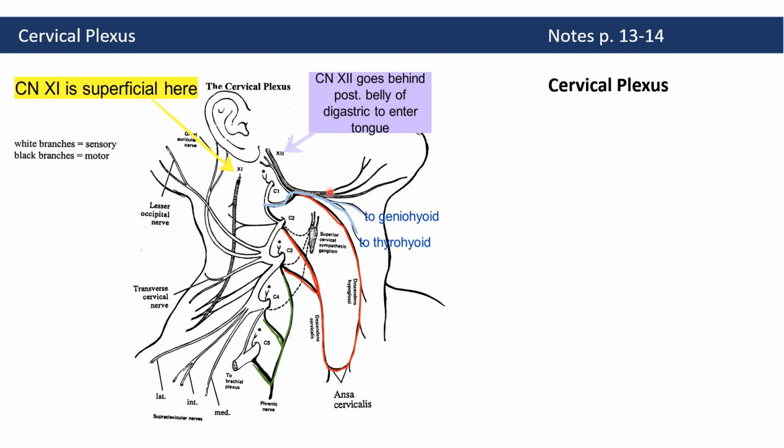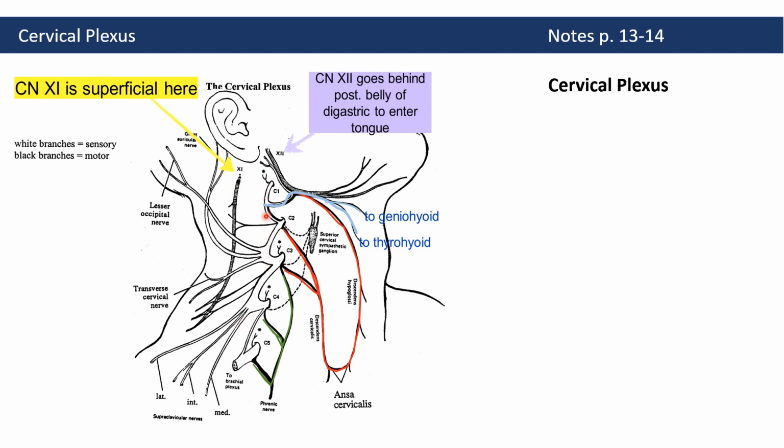The hypoglossal nerve innervates the intrinsic and extrinsic muscles of the tongue with the exception of palatoglossus. So all of that is review for you because we've talked about that previously.